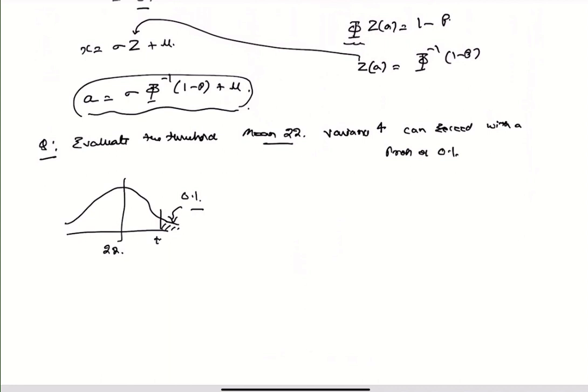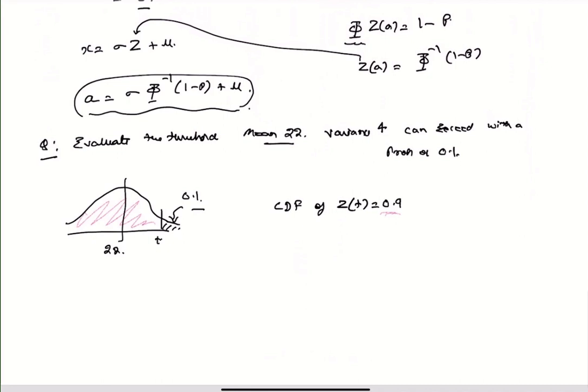So now we know that the CDF of z of t is 0.9, because that is going to be this whole area here. So we can put this in an applet and calculate the value of z for an area of 0.9, which will come out to be 1.282.